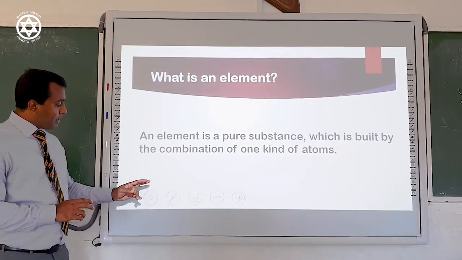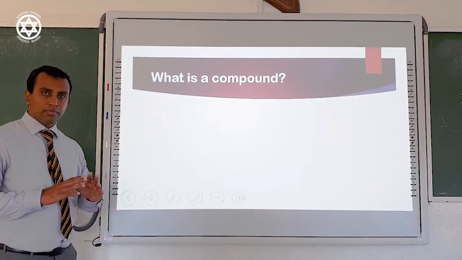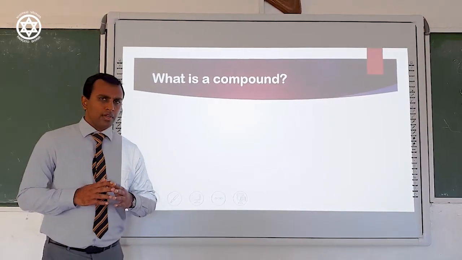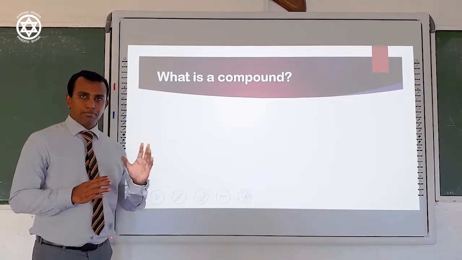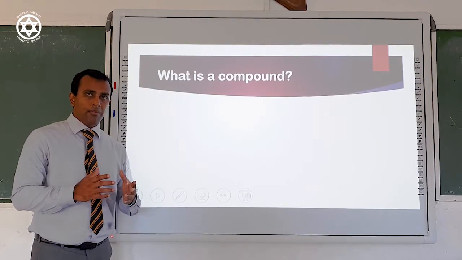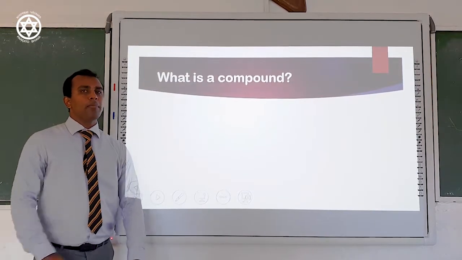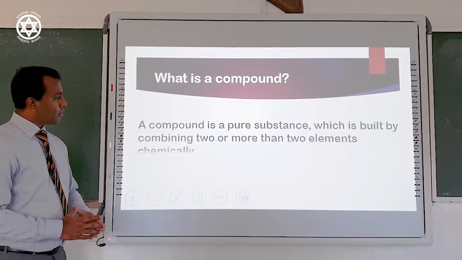Then we must have the idea what we mean by compound. A compound is also a pure substance. The difference between an element and a compound is that a compound is built by two or more elements combining chemically together. So that is the definition relevant to the compound.